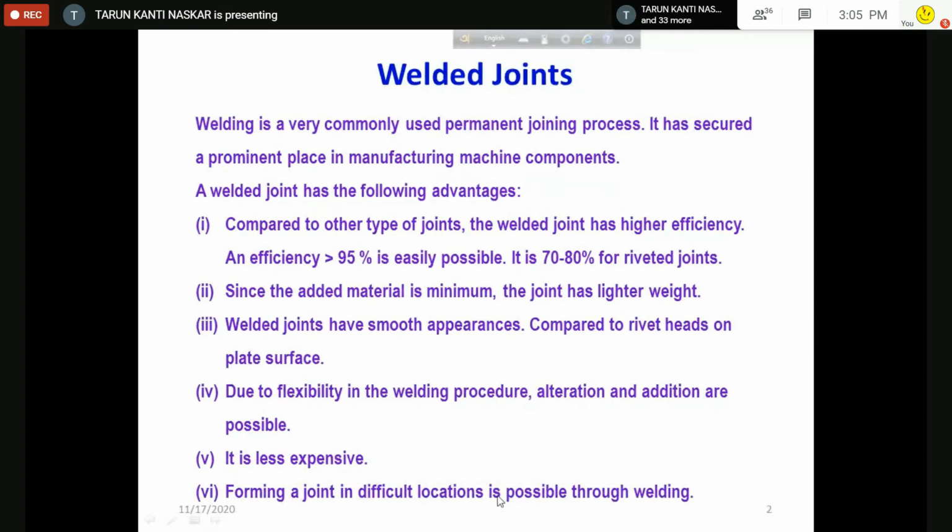Forming a joint in difficult locations is possible through welding. I was just referring to a structure like Howrah Bridge or any structure like that. Lifting the accessories is easier with the weldment joint. So this way welding is more suitable and more acceptable, particularly for point number 1.